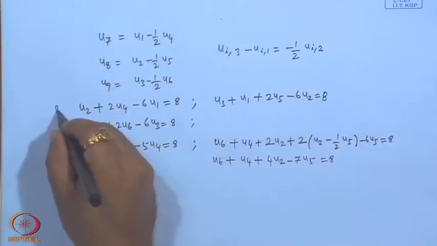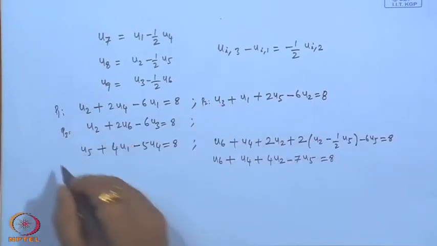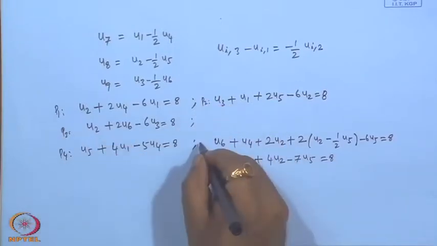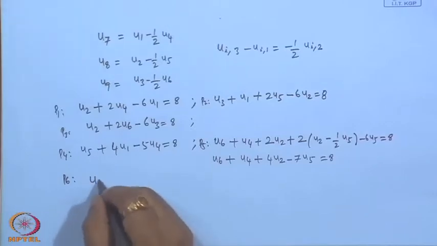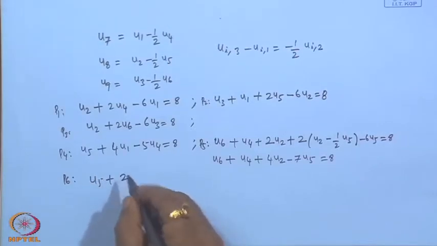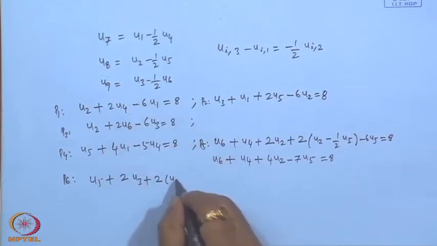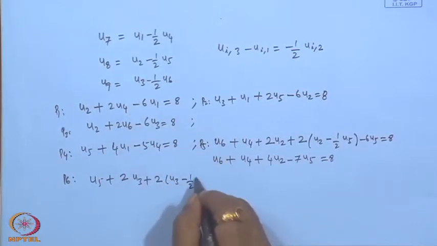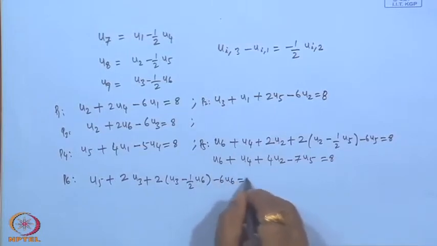So, this is P 1, P 2, P 3, P 4, P 5, then P 6: u 5 plus 2 u 3 plus 2 u 9 minus 6 u 6.